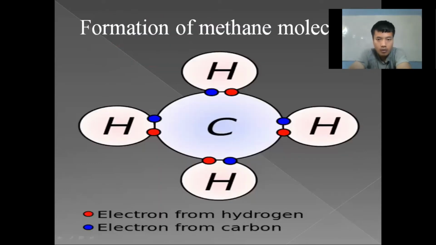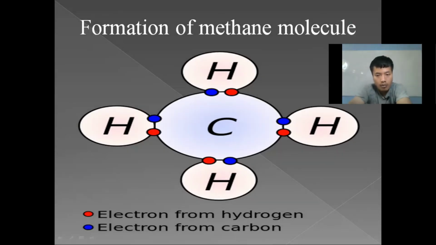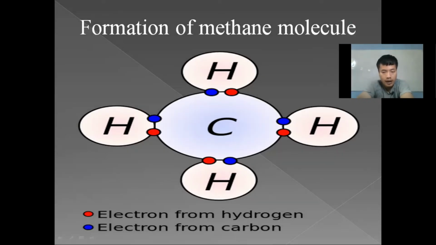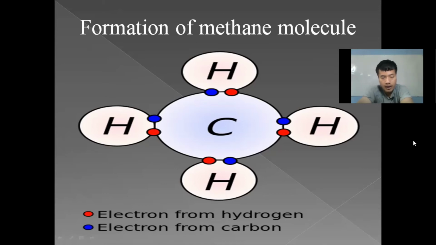Now let us see the formation of methane molecule. Methane is formed by a carbon atom and 4 hydrogen atoms. We know that hydrogen has 1 electron in the outermost shell, or valency 1. And carbon's atomic number is 6 and valency is 4. Carbon cannot give or take electrons. Hydrogen can only gain electrons.